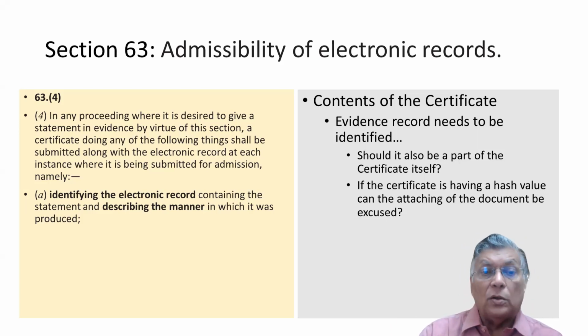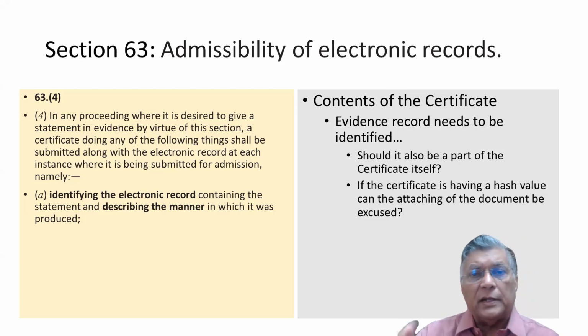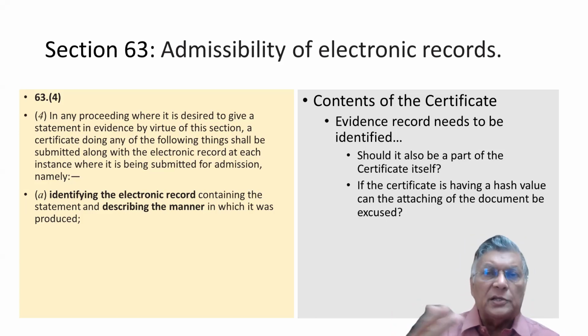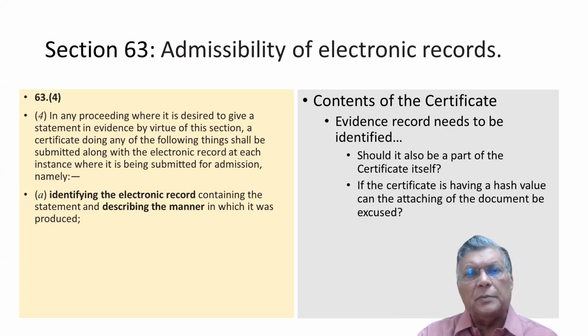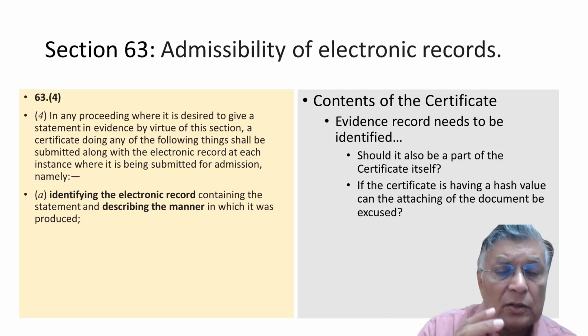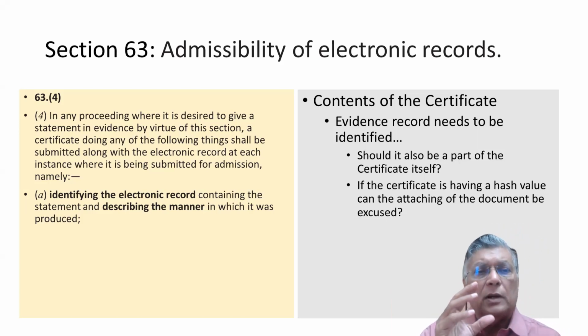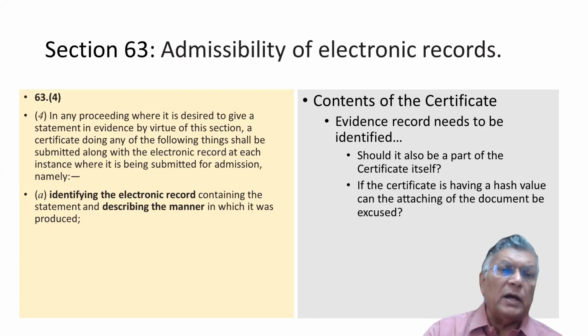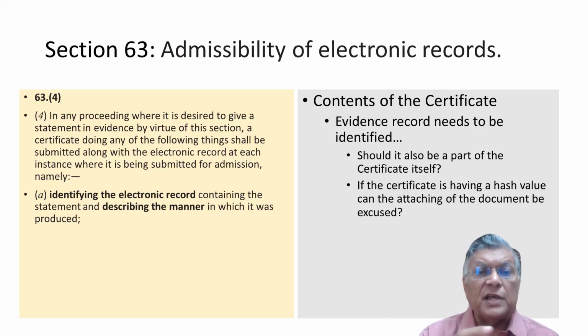Okay, so this is like in a patent application, we say that the patent description should be such that any person with a reasonable understanding of the technology should be able to reproduce it, and he should arrive at the same result. Same kind of requirement should be considered here when we say describing the manner in which it was produced.